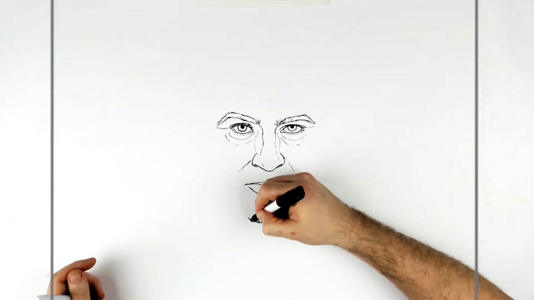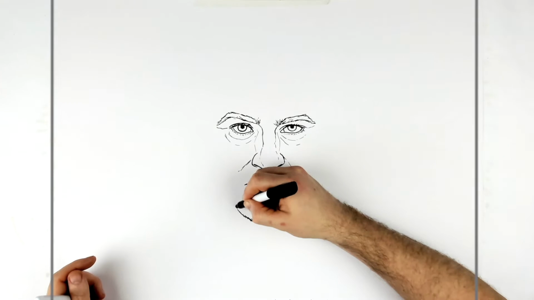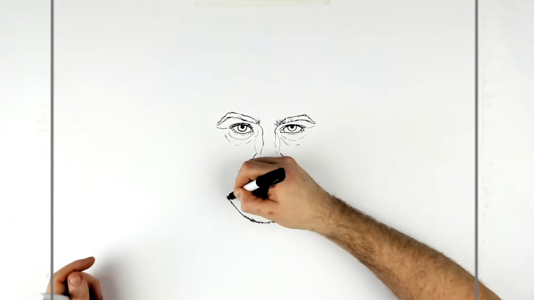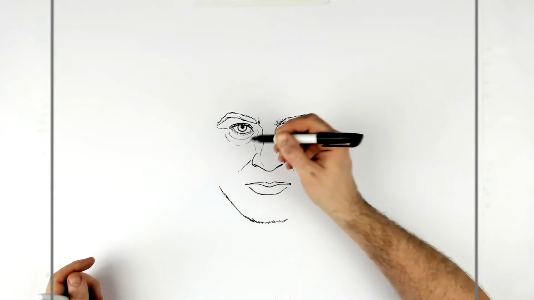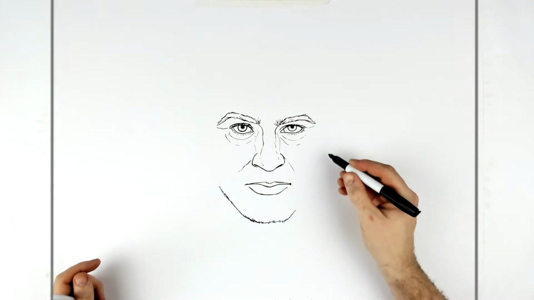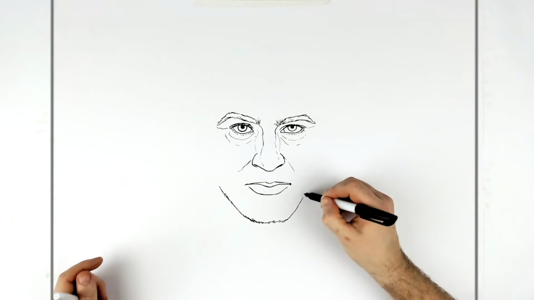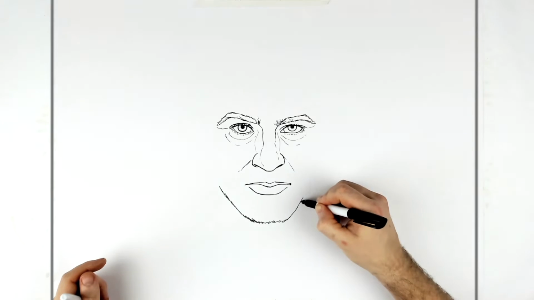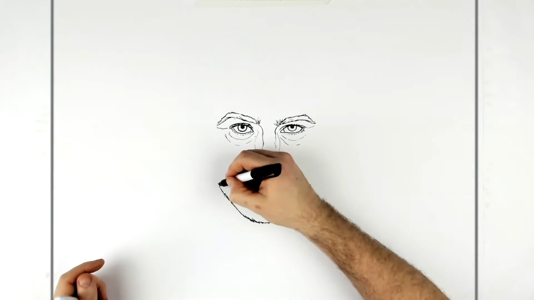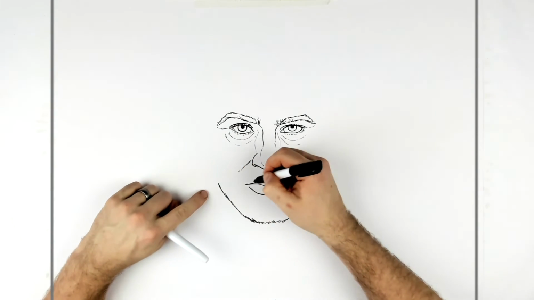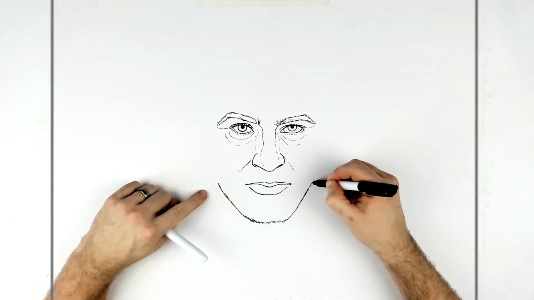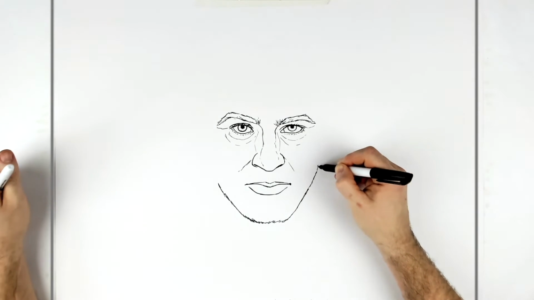And then you just add sort of a hairy, spiky kind of line, just going up around his face. And it'll start to curve about mouth level and go up the side of his face.